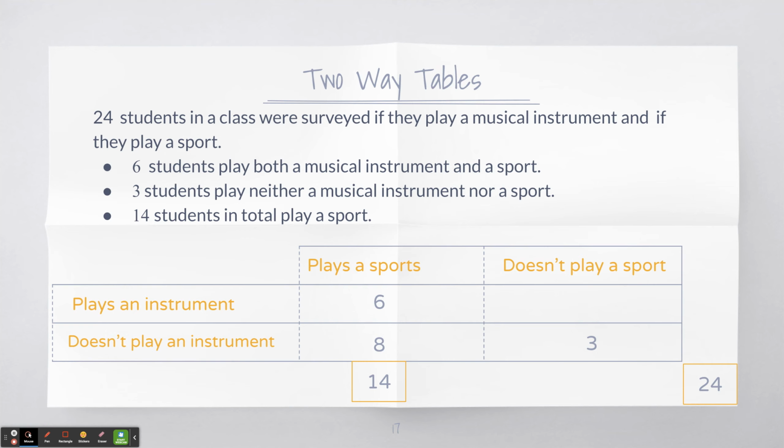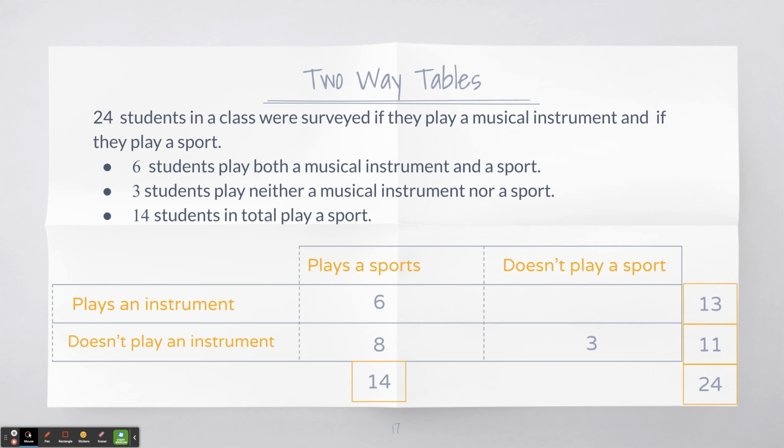Now, that wasn't given in the context, but I can figure it out from the table. Because if 14 students play a sport and 24 students were surveyed, that means 10 don't play a sport. Oh, I guess what I did first was I added across the 8 plus 3 to get 11. So 11 don't play an instrument. Okay, fine.